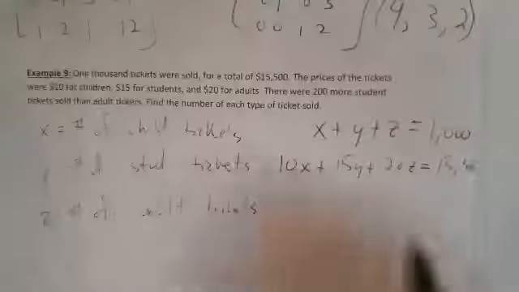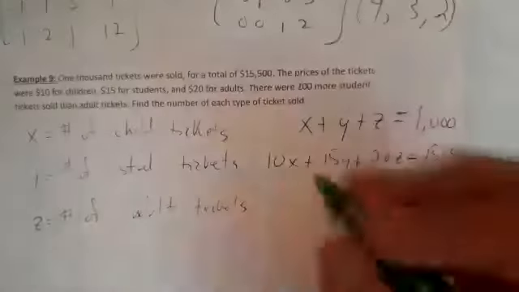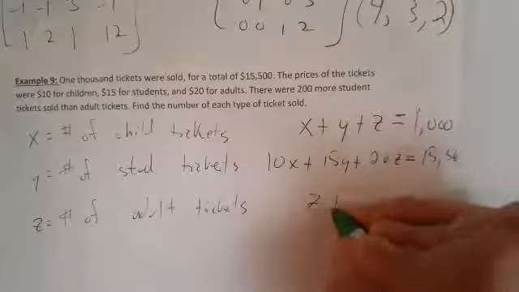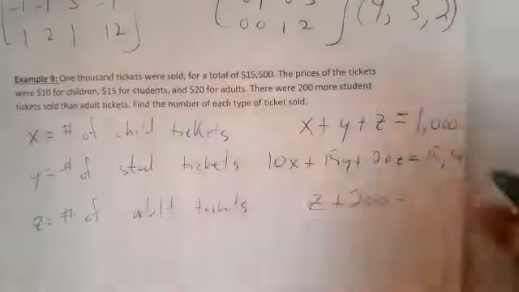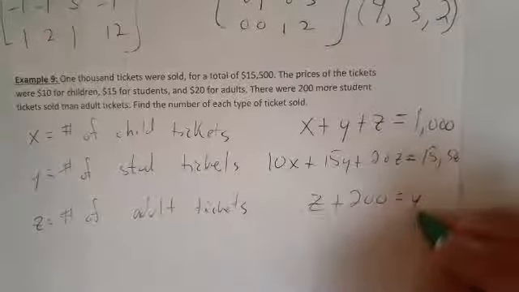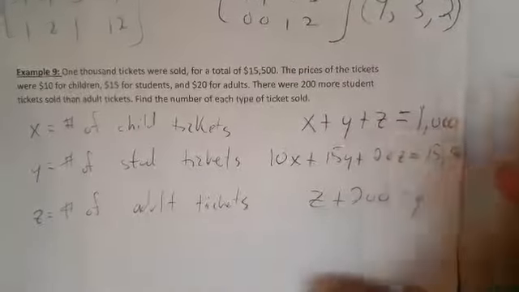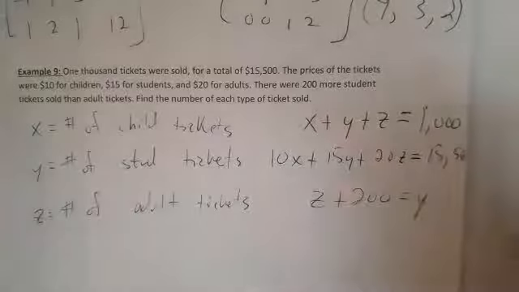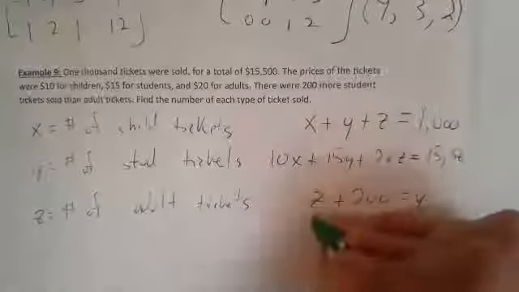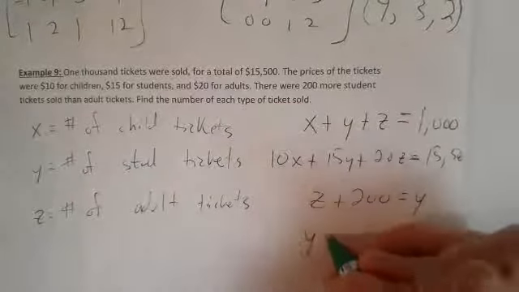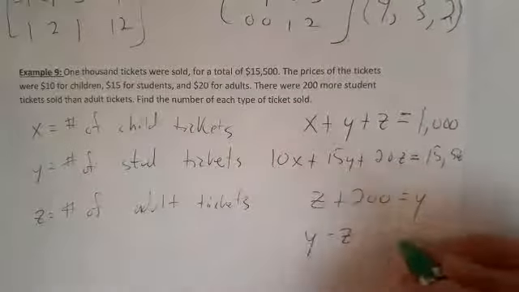And so there's a few ways to think about it, but if we take adults, we want to add 200, which is Y, I guess. That's one way to think about it. We can rearrange things to do what Y minus Z is 200.